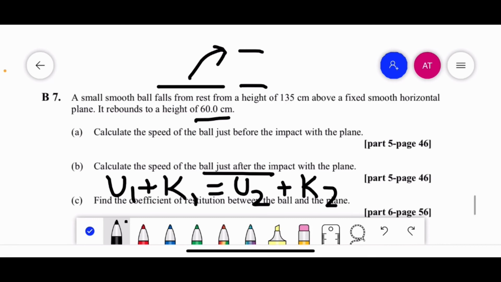Now here, the ball starts at a height of 0, so we can cancel U1 out. And as it's rising, it's decelerating until it reaches a velocity of 0, and that's when it hits the height of 60 centimeters. So we know that K2 is equal to 0. That leaves us with K1 is equal to U2.